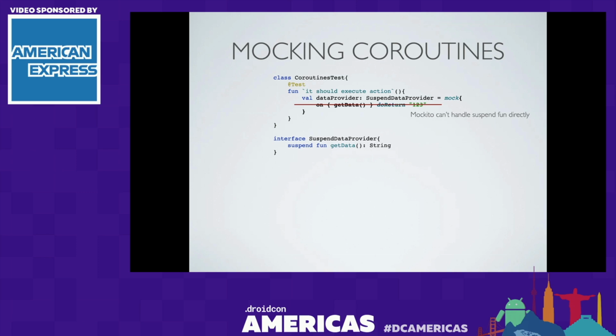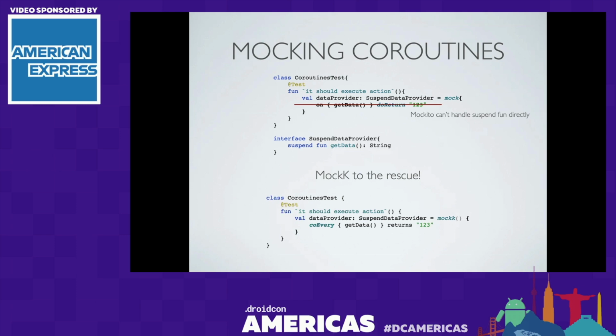But there is another framework for mocking we can use, and it's MockK. A Kotlin-first library with a similar DSL-style stubbing mechanism and with coroutine support in a convenient way.